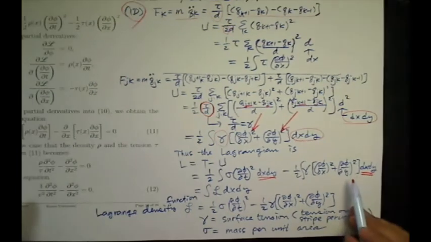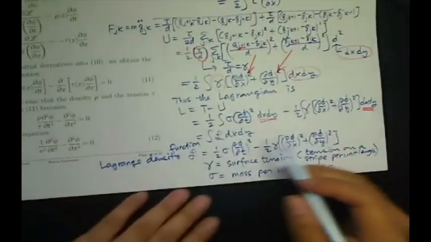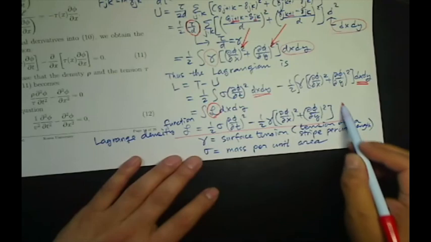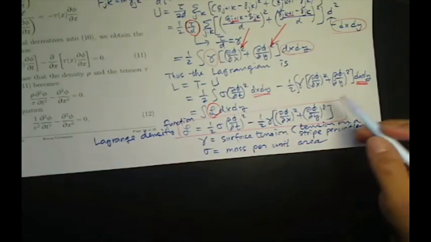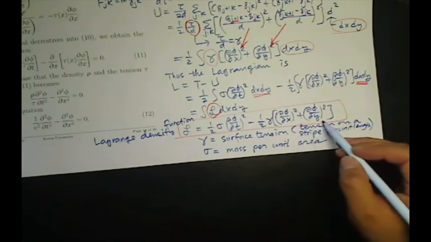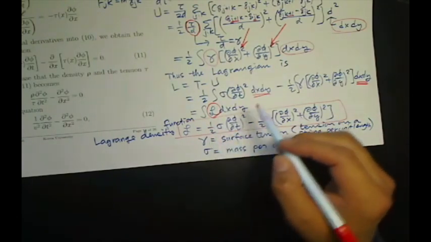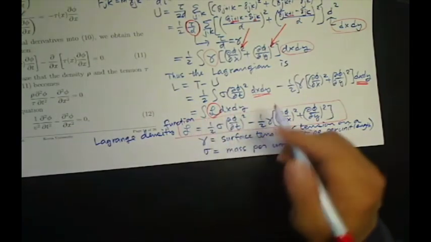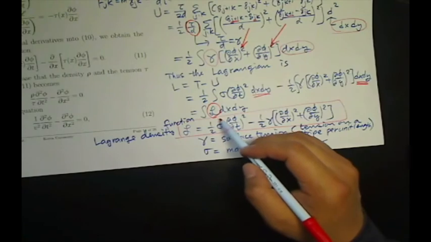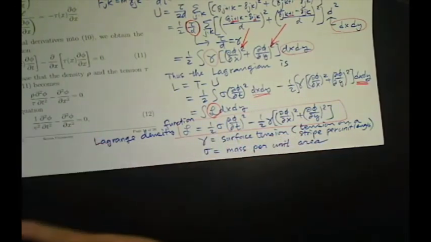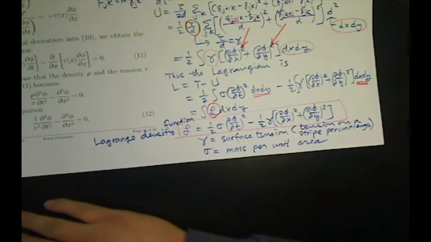As a result, the Lagrangian density is of this form. It's quite similar, but we have two pieces, x derivative squared and y derivative squared. We know in the case of string vibration, we have a single integral over x. So this Lagrangian density and the Lagrangian density for the string vibration, these two different dimensions, are different.